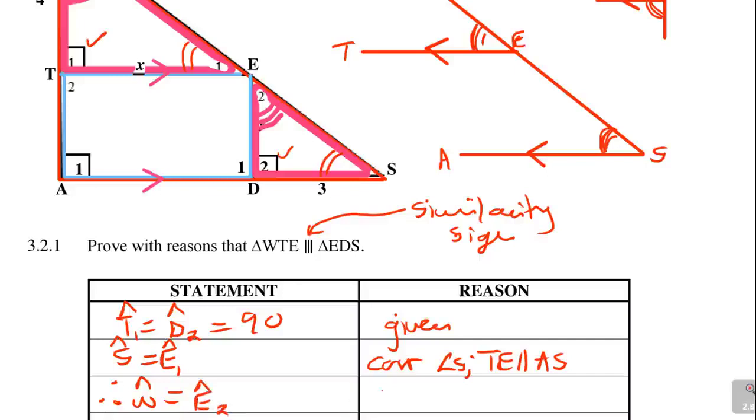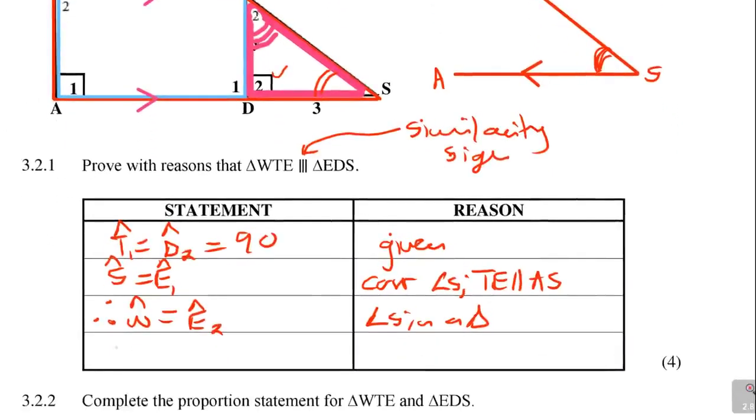Remember, angles in a triangle, these are the sum of angles in a triangle. And then you can conclude and say therefore triangle WTE is similar to triangle EDS.